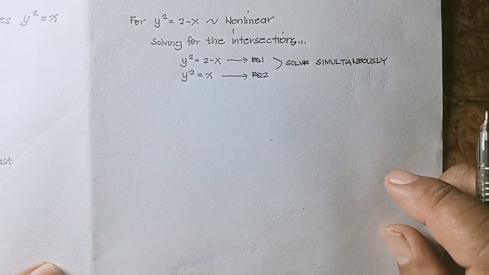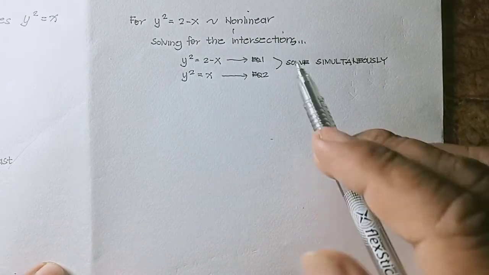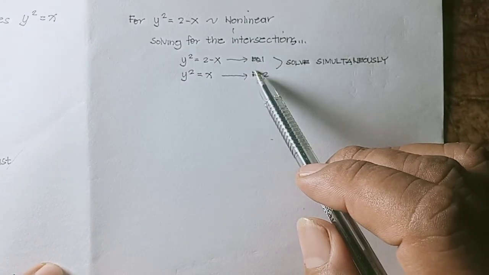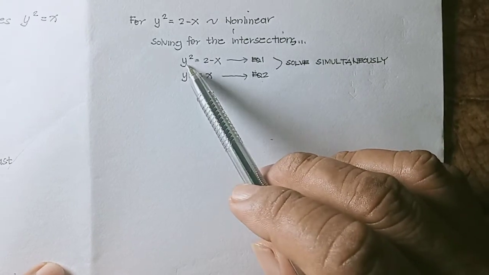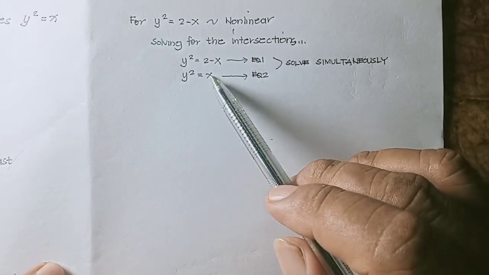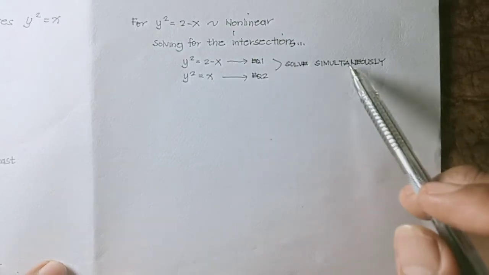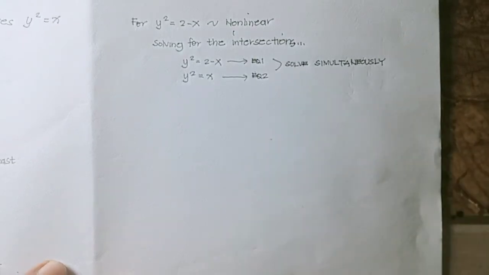Right, to solve for the intersections, meron tayong 2 equations, equation 1, equation 2, and we have 2 unknowns. We will solve the 2 simultaneously. Kung ano man po yung common solution or solutions will be the intersection of the graph of the 2 functions.